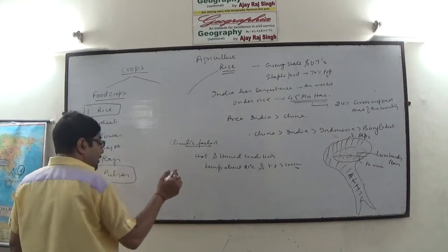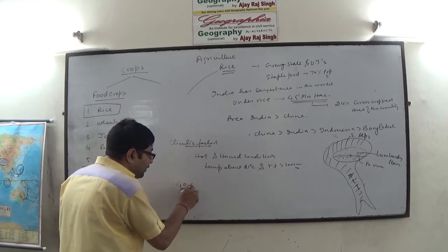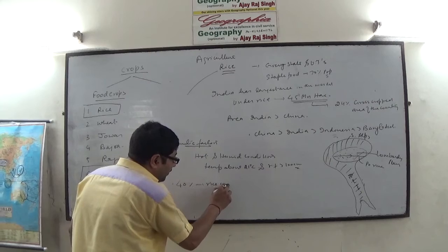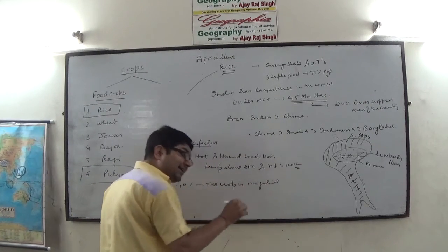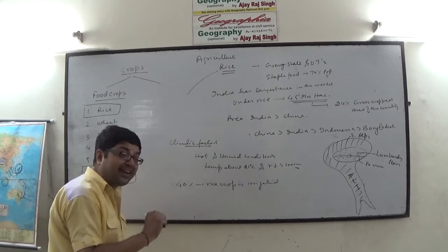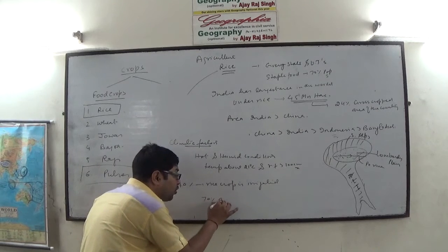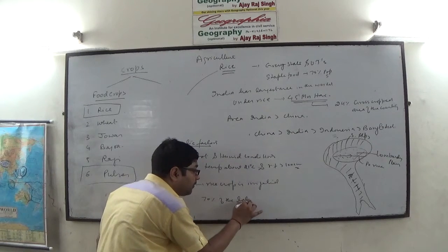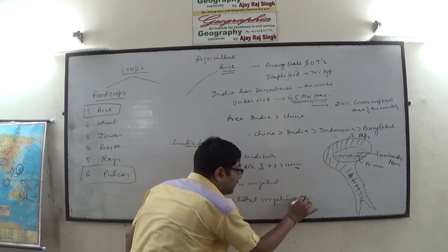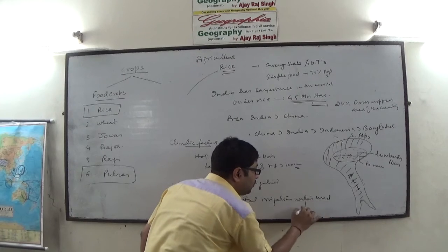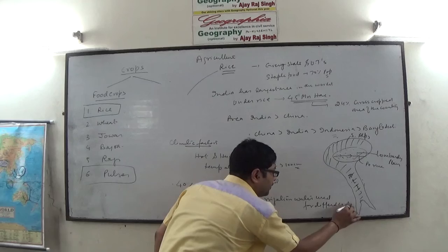Now irrigation, if you see in India, only 40% of the rice crop is irrigated. But despite this fact, rice accounts for 70% of the total irrigation water used for different crops.